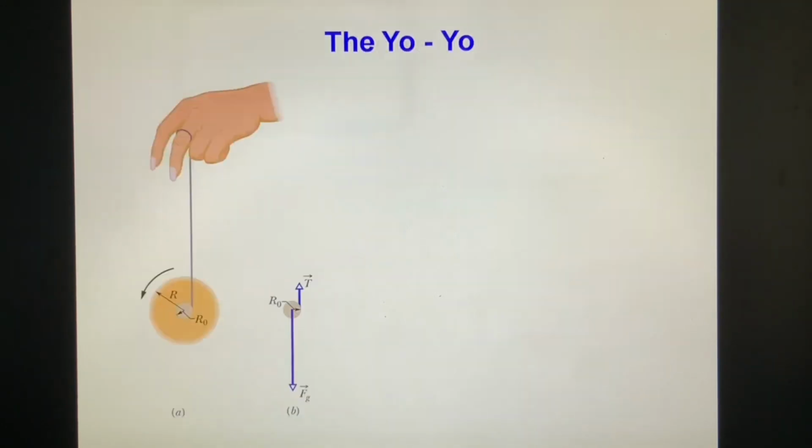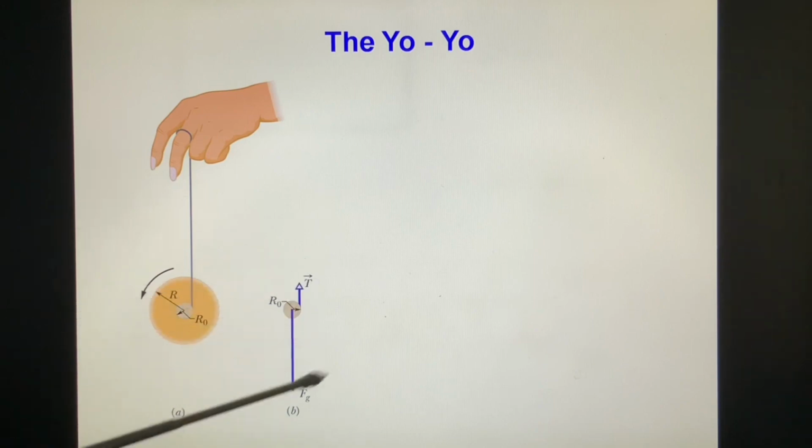The yo-yo is a toy we played with when we were kids, and it gave us so much fun. Okay, let's look at the free body diagram. The string is wrapped at the axis, the small axis R_0, very tight. And outside we have two big discs on two ends to increase the inertia.